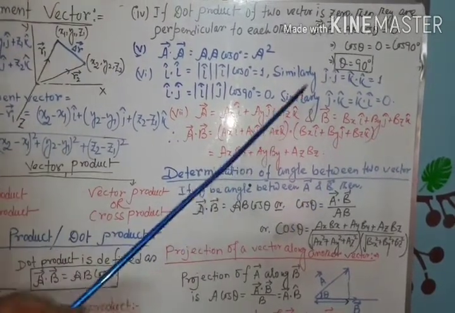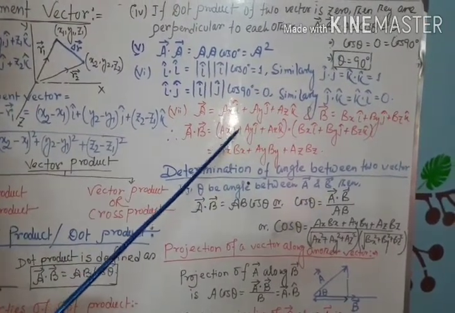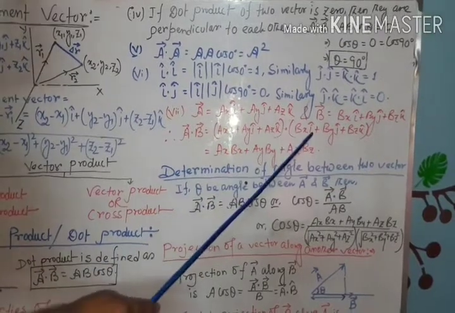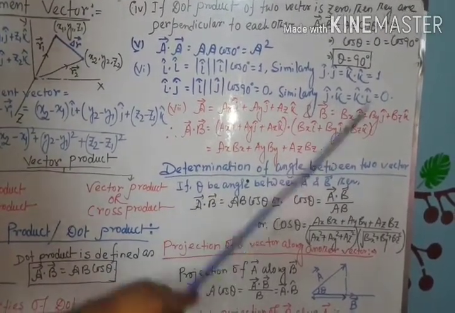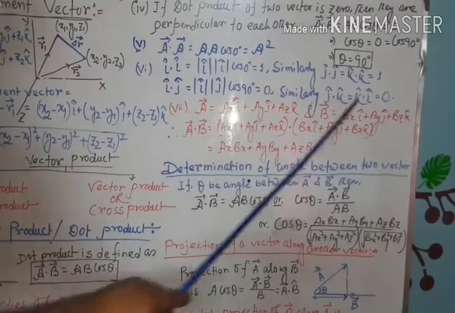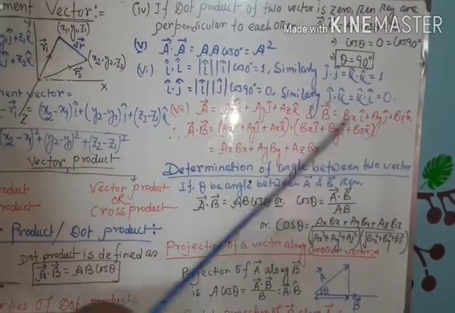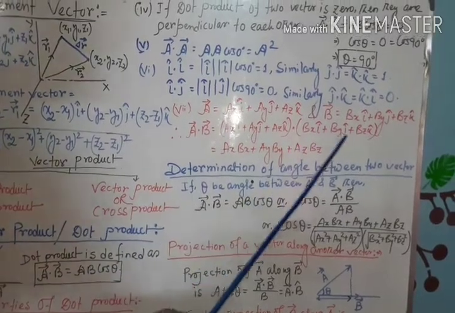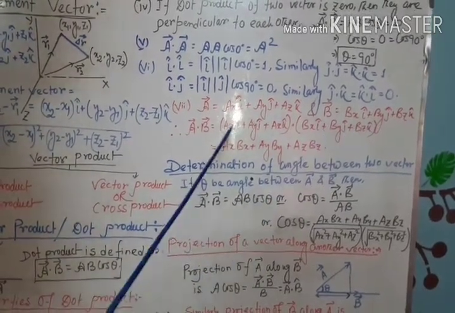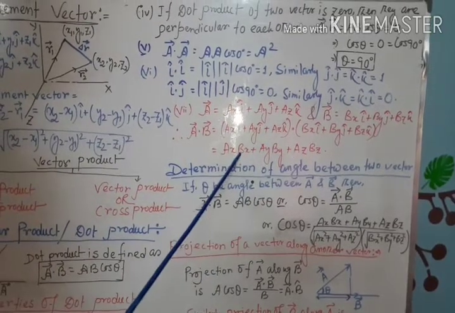But remember, the dot product of i cap with i cap gives 1, but the dot product of i cap with j cap is 0, and i cap with k cap is also 0. That's why the dot product of the first term with the whole gives only ax bx. Clear?